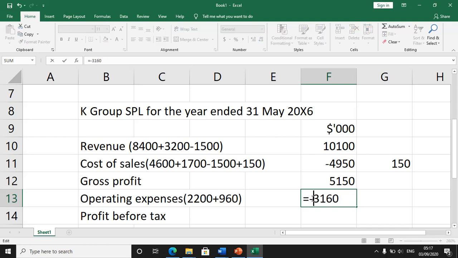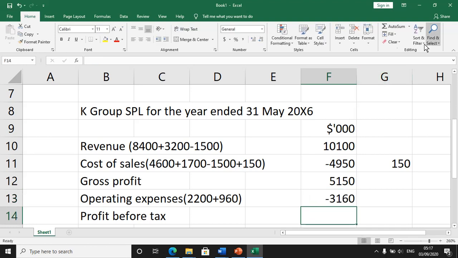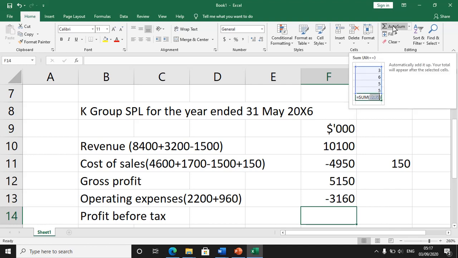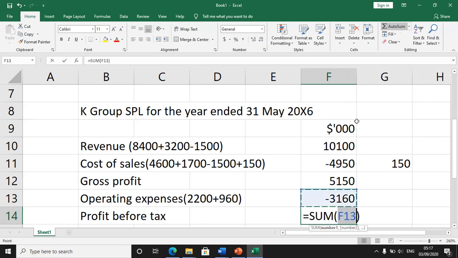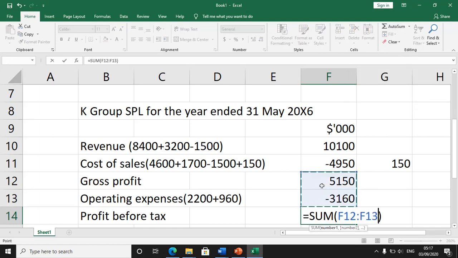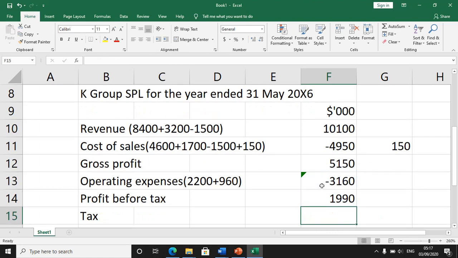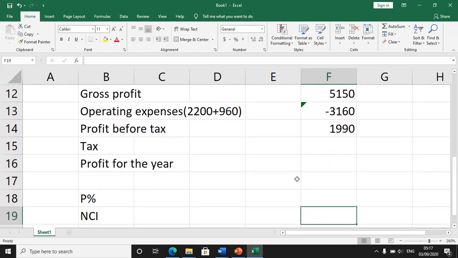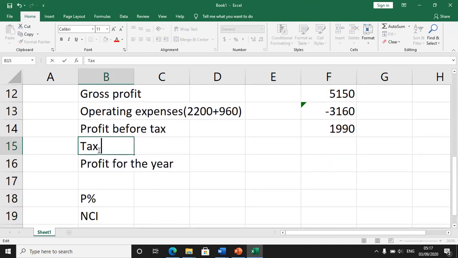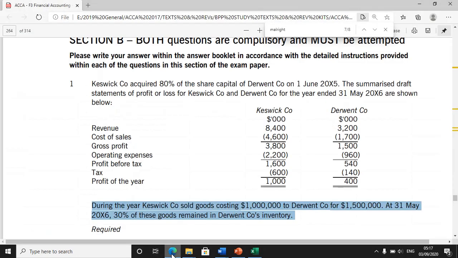Let's do this. I'm supposed to put it in the minus. Okay, so let us do some work. I want to find that profit before tax, and now I need to remove the tax.